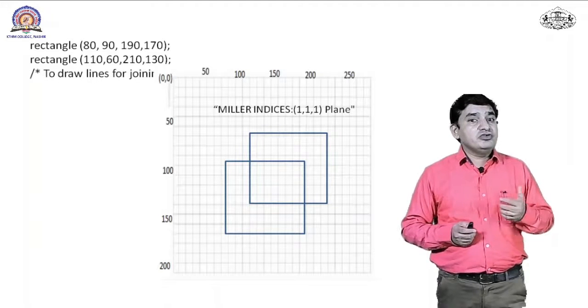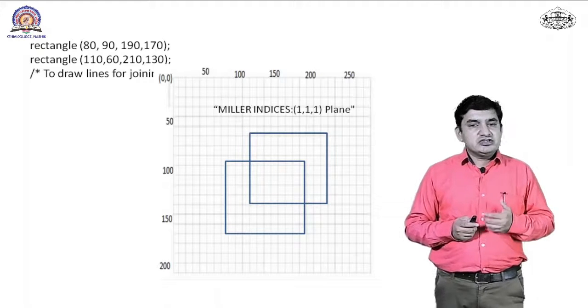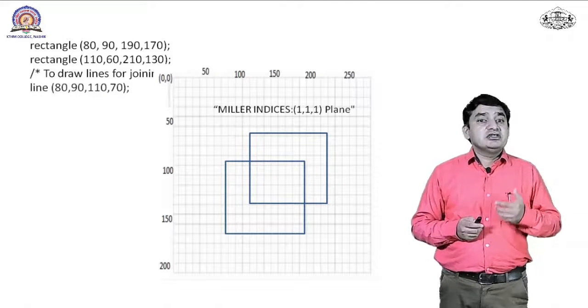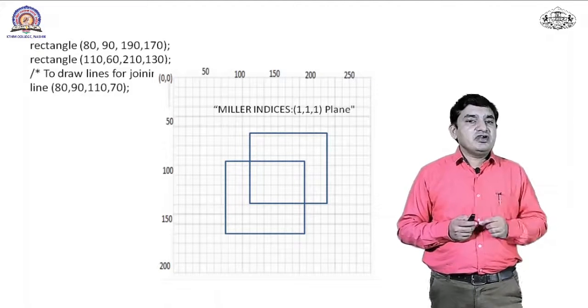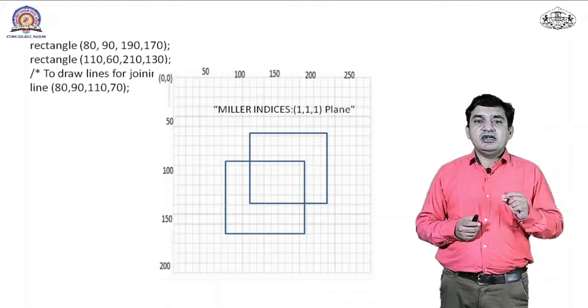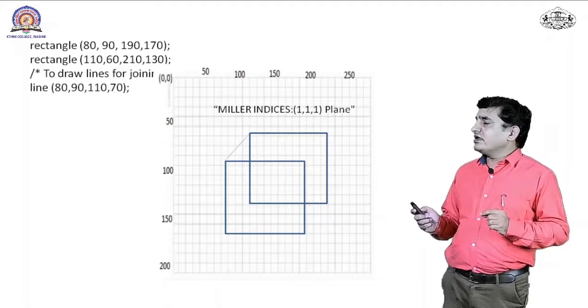Now we have to join the corners of these rectangles, so for that we require lines. First line having coordinate 80, 90 and 110, 70, and the line is like this.